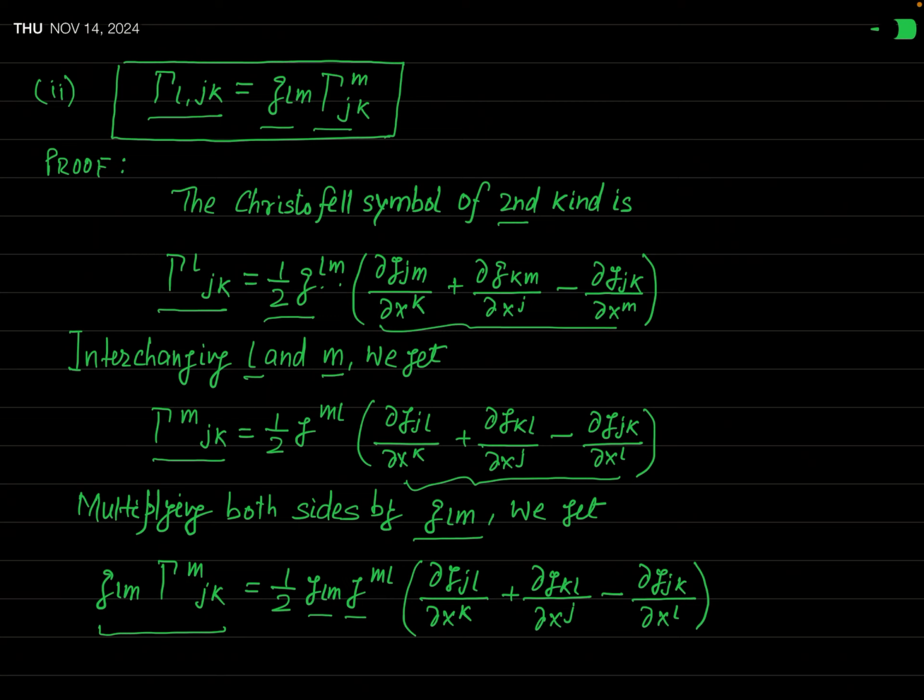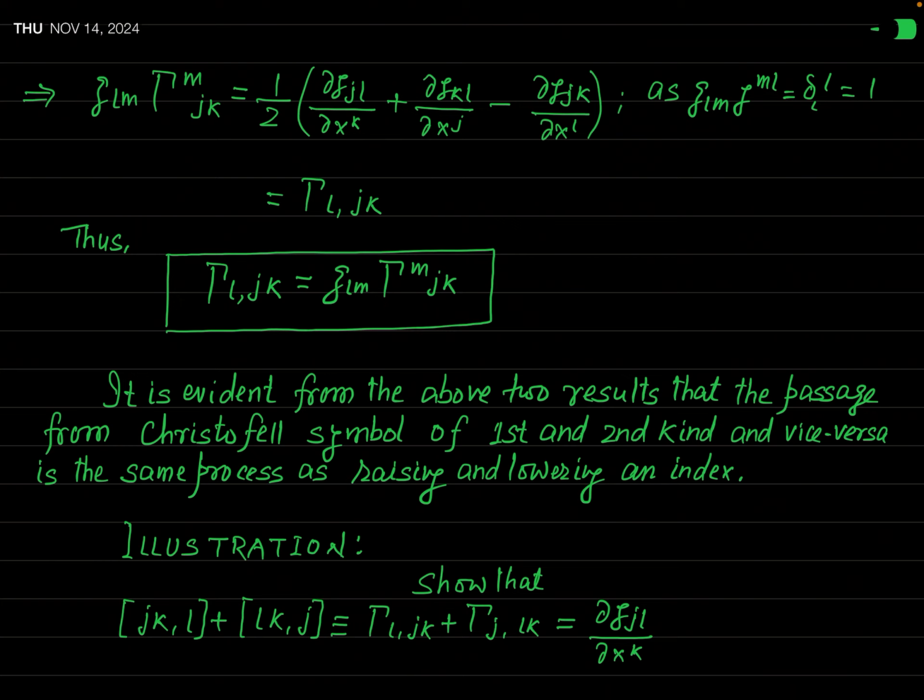Here you can see g_LM, where LM are the covariant indices, and here ML are the contravariant indices. Okay, and times this much. But you know that this product is equal to the Kronecker delta LL.